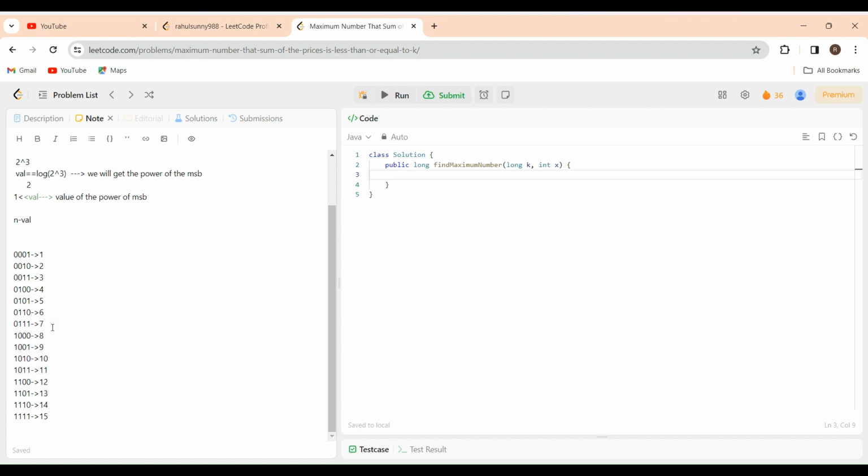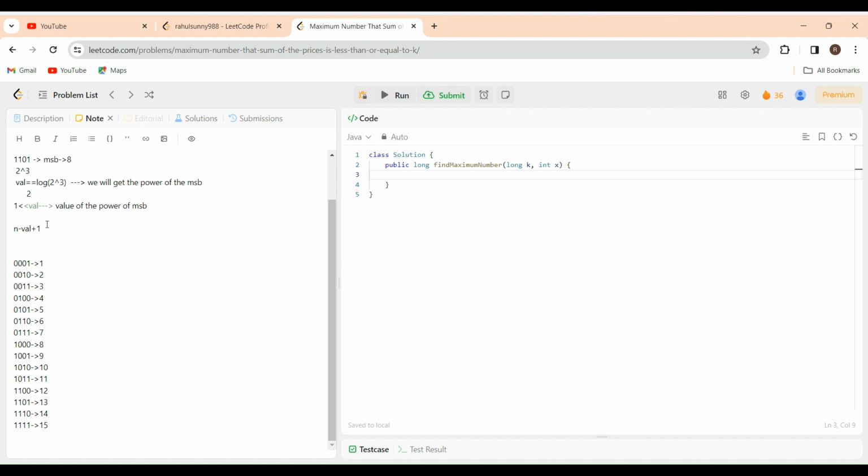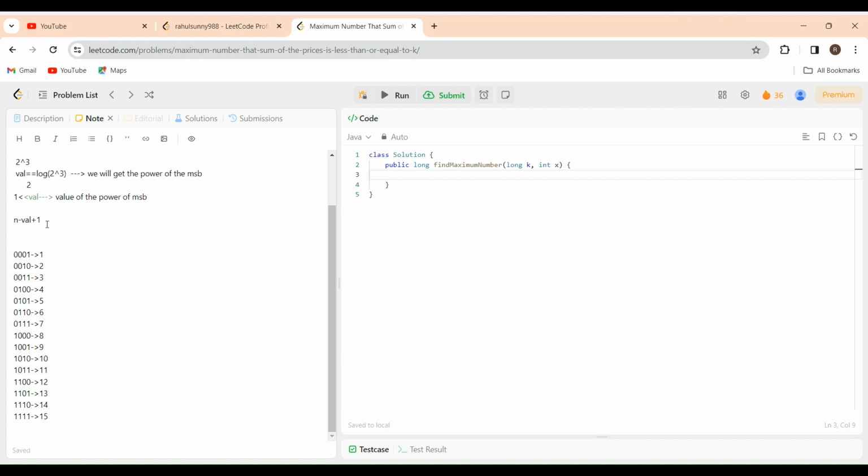Up to 5 we need to consider the set bits in the indexes, okay? From the last indexes we got this thing, right? Plus 1. By doing this we can get how many set bits are there in the last index. For getting how many set bits are there in the inner indexes, we can do this thing.